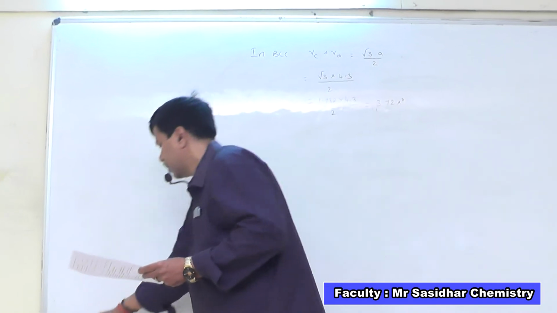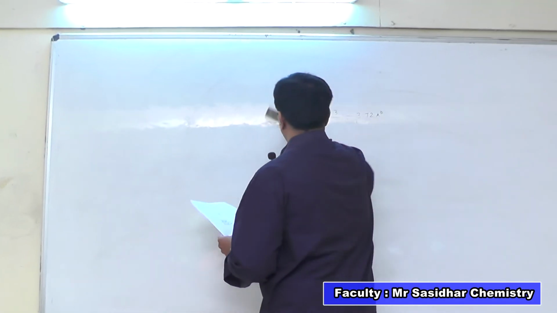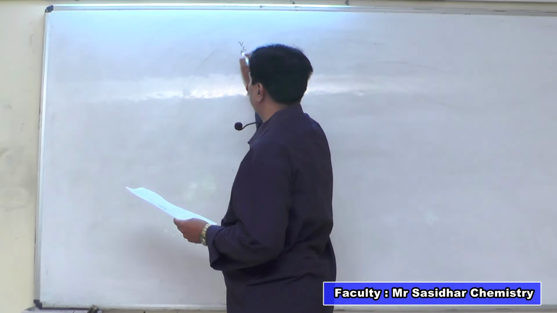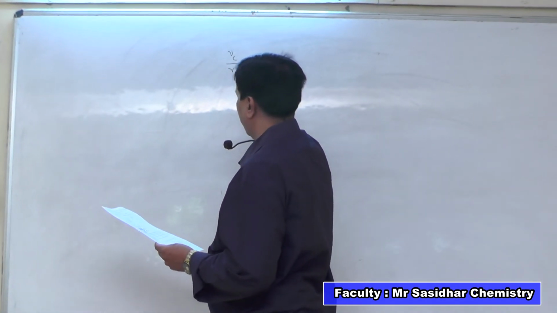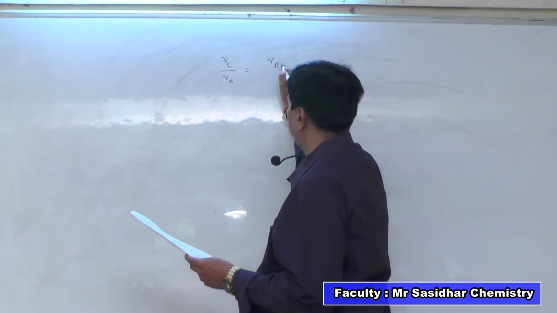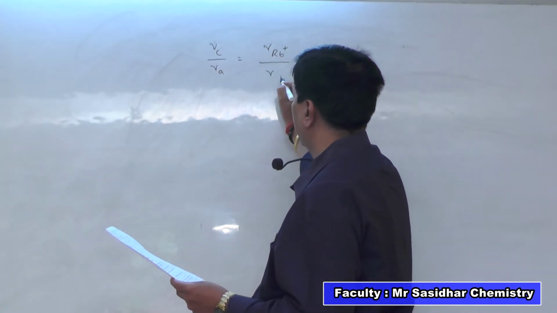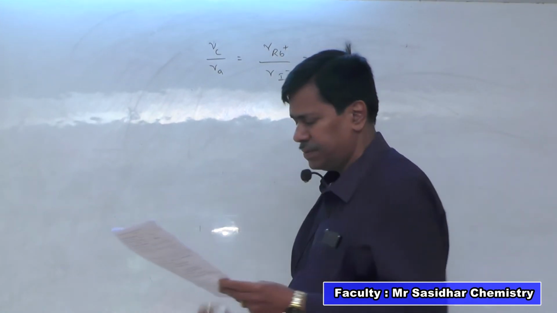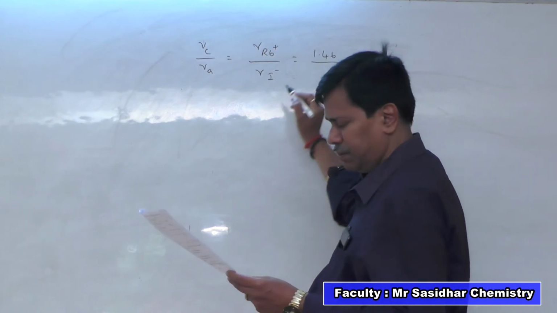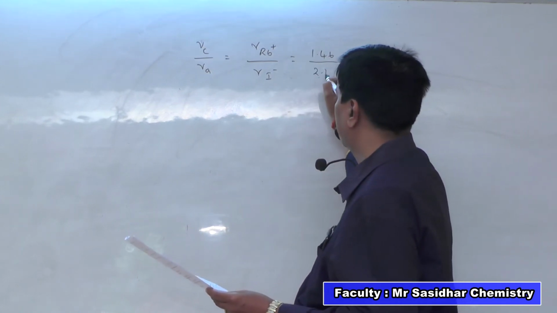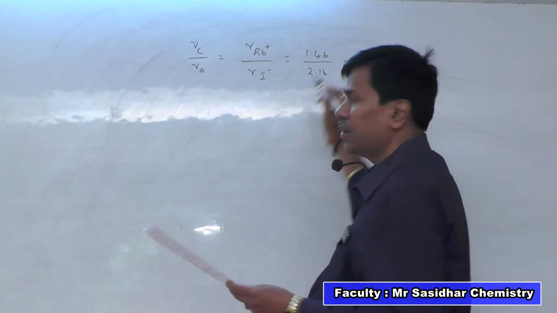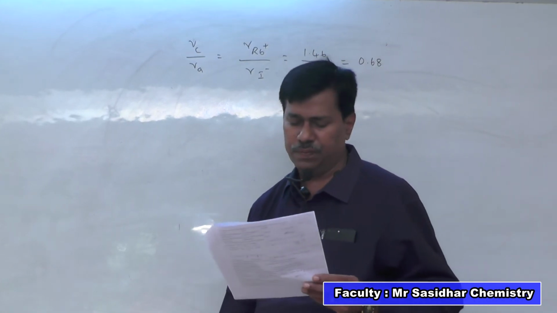That is, cation to anion radius ratio is calculated. So rc by ra is nothing but Rb plus by I minus. So this will be 1.46 by 2.16. So this is coming to be 0.68.